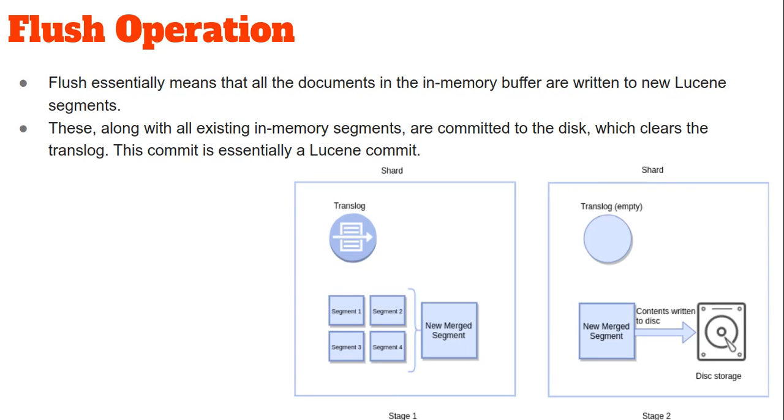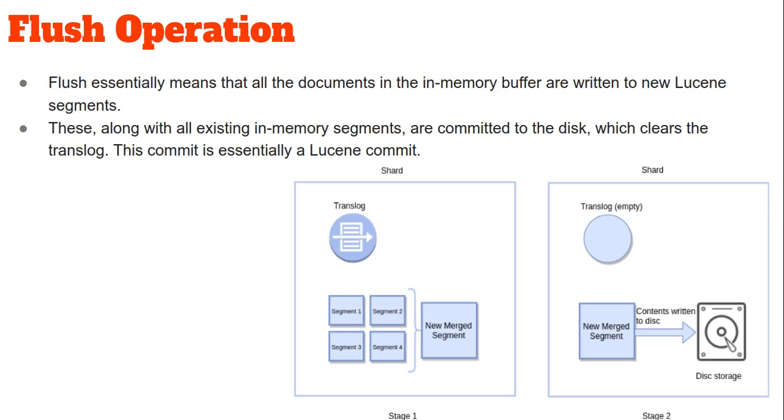And the exact same thing that we discussed can be seen in the image on the bottom right corner of the screen. In the image on the left, we see that the translog is full of all the logs, and there are various segments in Lucene: segment 1, segment 2, segment 3, segment 4. Now at times Lucene, to make the segments more manageable, may merge the segments into a large segment, because the efficiency really goes down if Lucene has to manage a lot of segments, and the search results might take a lot of latency.